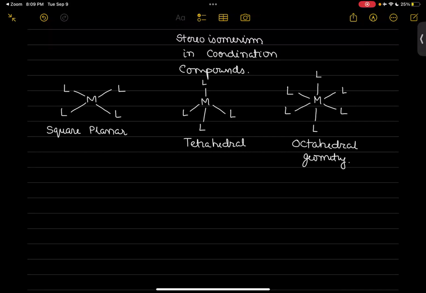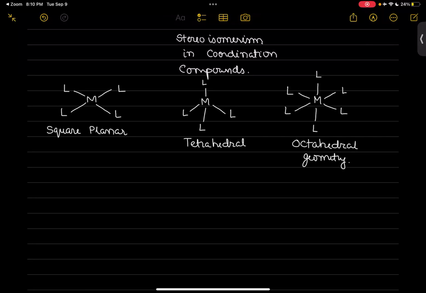Okay. So what do you mean by stereoisomers? Two isomers that have the same formula and the same groups, but the three-dimensional arrangement is different. They differ only with respect to the 3D arrangement. Is it clear? That is a stereoisomer: same formula, same groups or atoms, but different 3D arrangement.